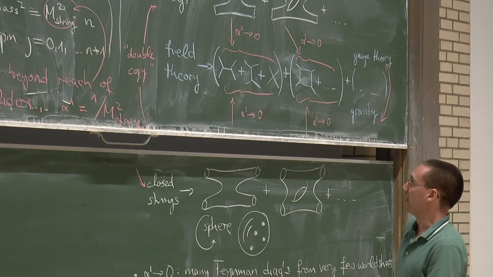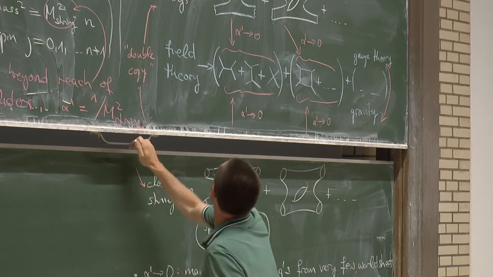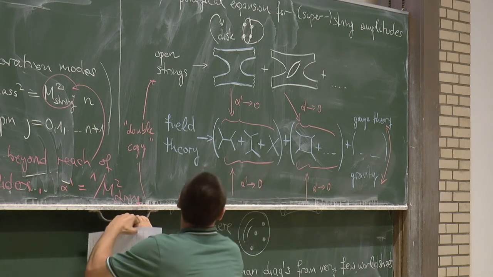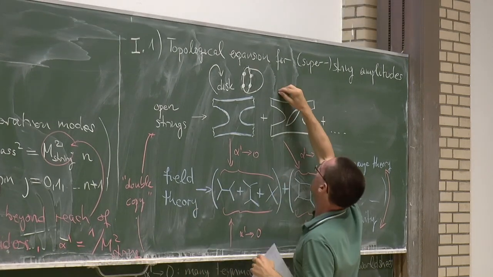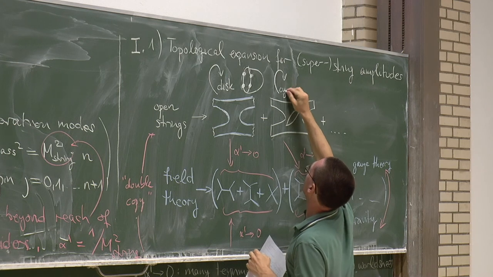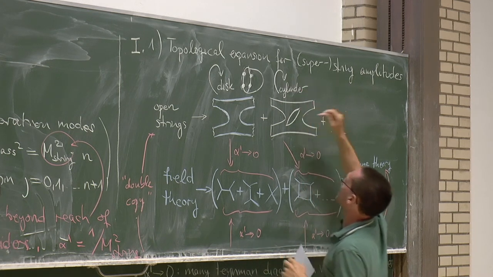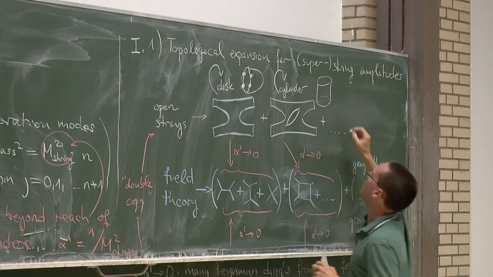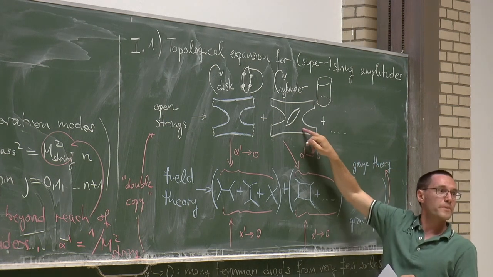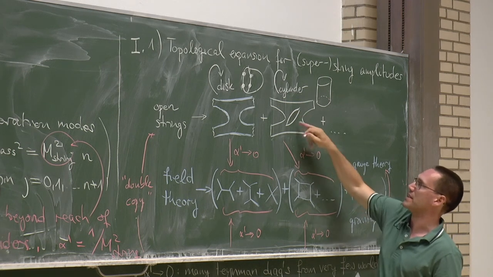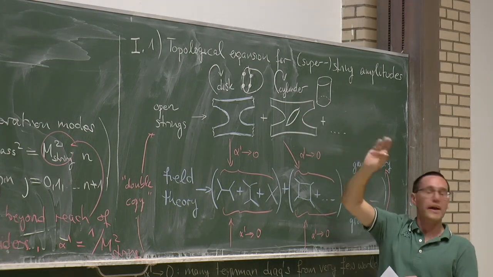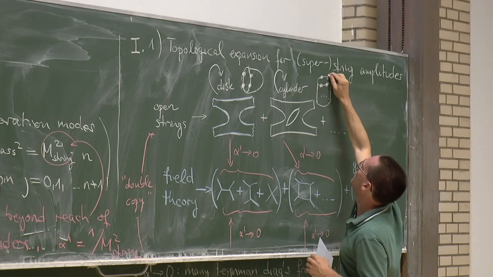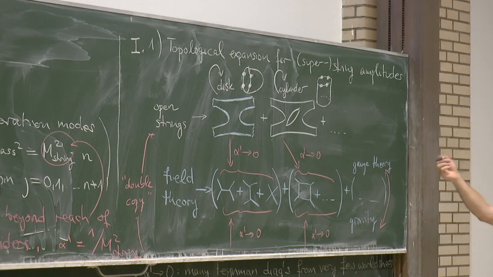Okay, and the same games, of course, go through at loop level. So there, the specific open string diagram at one loop that I've drawn for you is topologically an annulus or a cylinder. So you can replace this one by that cartoon. So here, there are two worldsheet boundaries, an inner one and an outer one. In this drawing, all the external states are sitting on the same boundary, which you may call a planar cylinder.